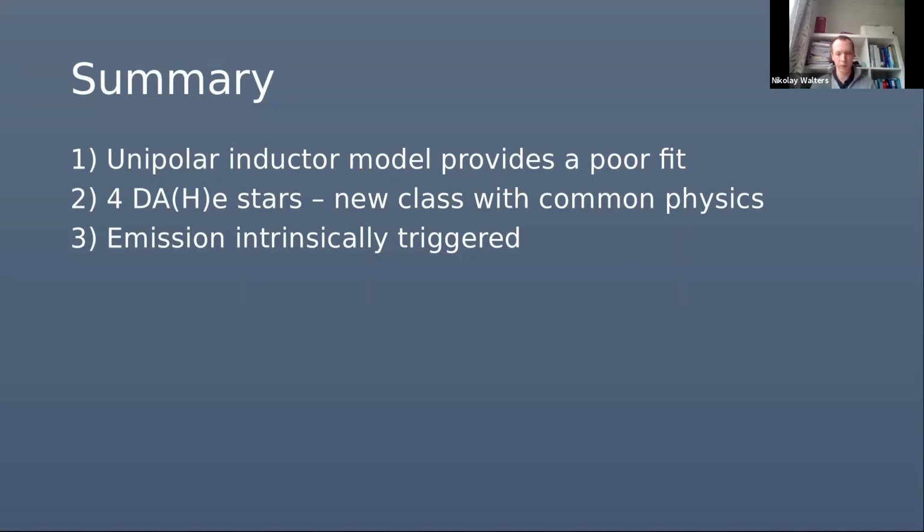Okay. Yeah, but I guess if I didn't make it clear, there are other issues with the unipolar inductor model, kind of beyond that. For example, just to give one, it's the rapid rotation rate. One of these emitting white dwarfs rotates at something like 700 seconds. So that introduces all kinds of problems when you think about the connection, the loop that must be maintained.